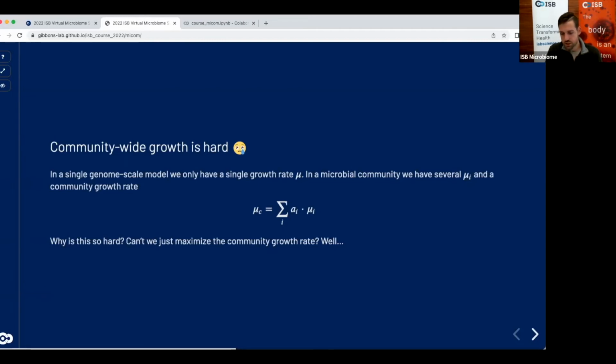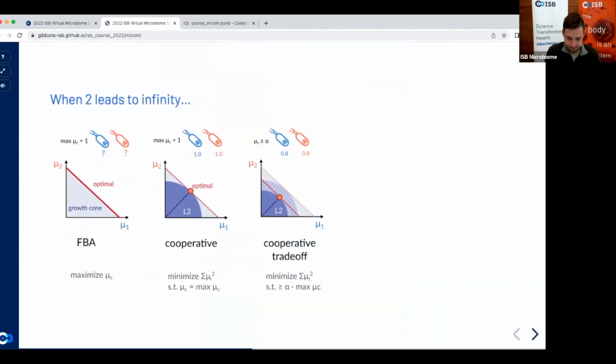So could we just maximize the community growth rate and get an answer that way? Well, not quite. If we try to just maximize community growth rate, we pretty quickly run into trouble, and we'll discuss why right now.